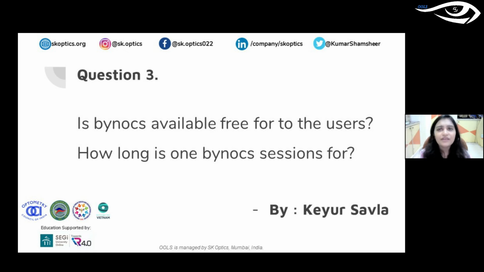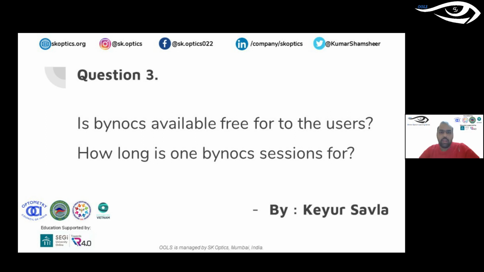Let's say that I've given 20 therapies to my patient and they've done only 2, I get that too. In the patient's profile, I get how many therapies they've done and the report of each therapy. So whether they're doing it consistently or not, I can come to know with Binocs.